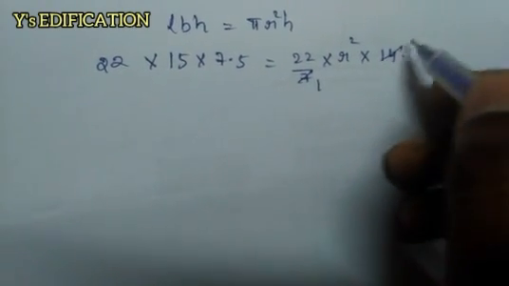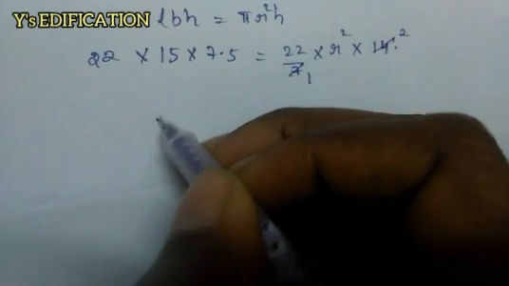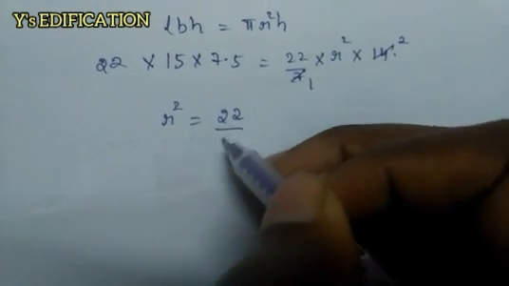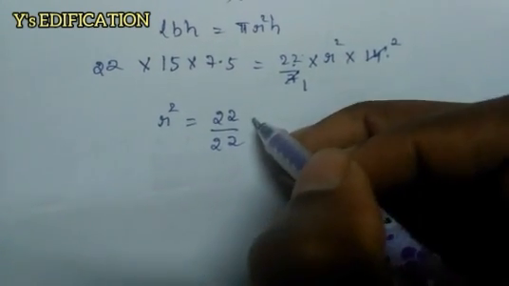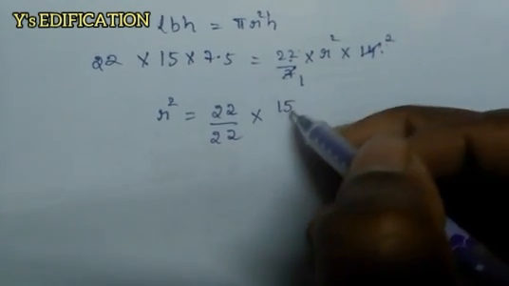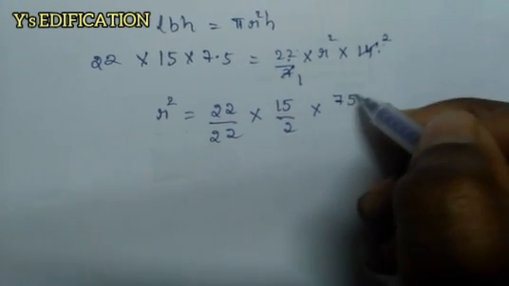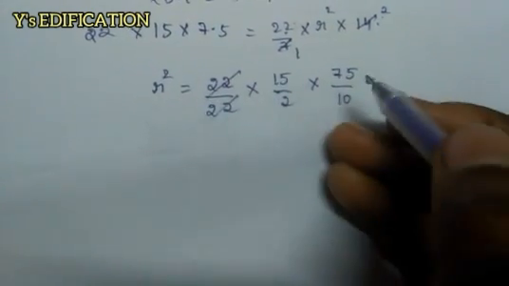Okay. Now 7 into 1, 7 into 2. So that means r square is equal to 22 by 22, I am transposing this 22 to the LHS, into 15. I am transposing this 2 to the LHS, into, I can write 7.5 as 75 by 10. Okay. Now 22 got cancelled.